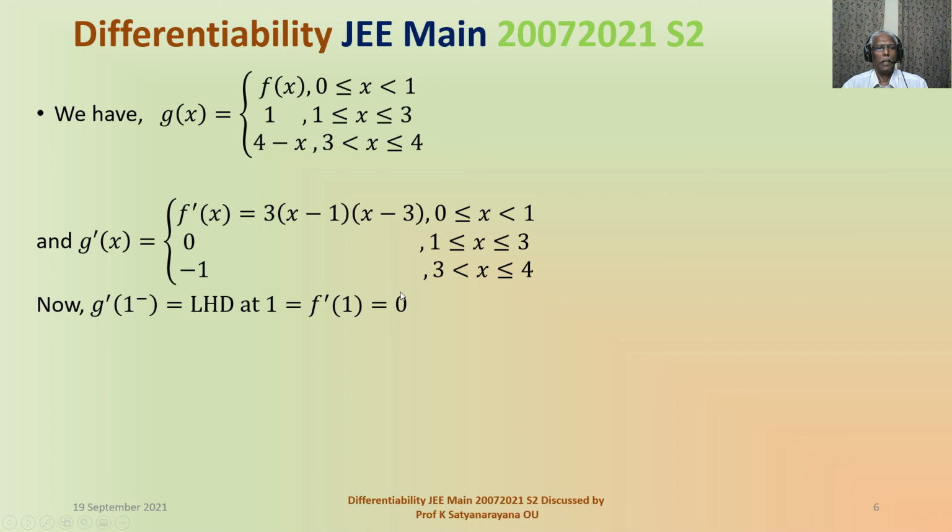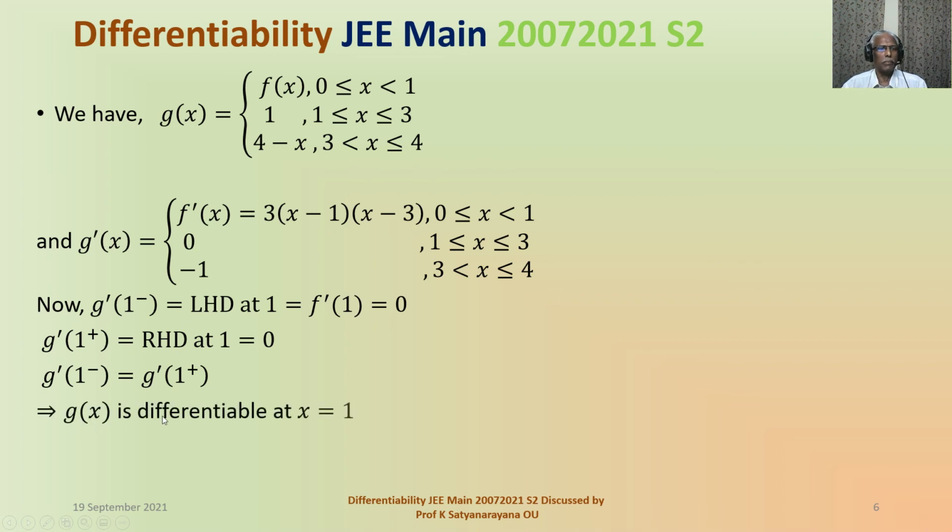And for the right-hand derivative, x approaches 1 from the right, the value is 0. So g prime 1 plus, that is the right-hand derivative at 1, is equal to 0, and they are equal. The left-hand derivative and right-hand derivative are equal. Therefore, your function g of x is differentiable at x equal to 1.